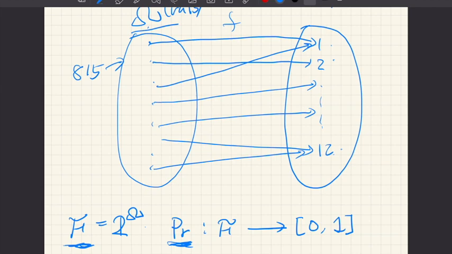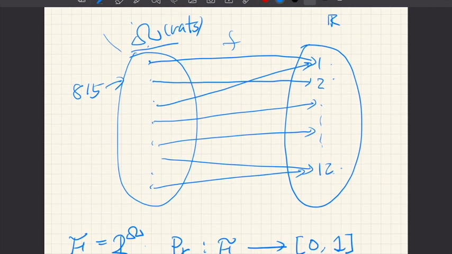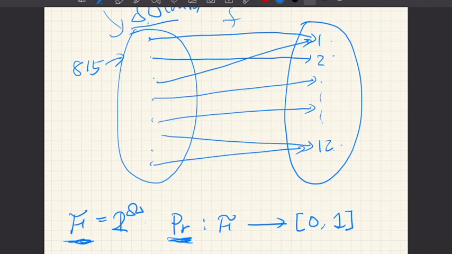But since we don't know anything about this experiment, I mean we know something but not much about those rats, we assume that each rat appears with equal probability. Okay, we just close our eyes and pick any rat here. So every rat has the equal probability of being picked.